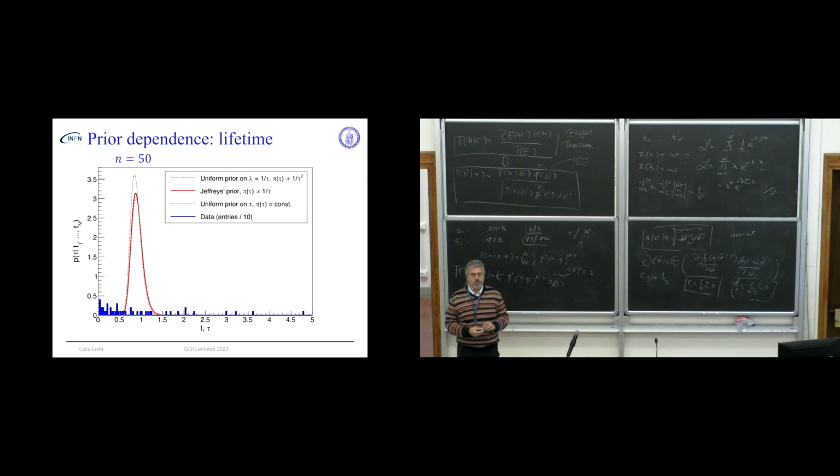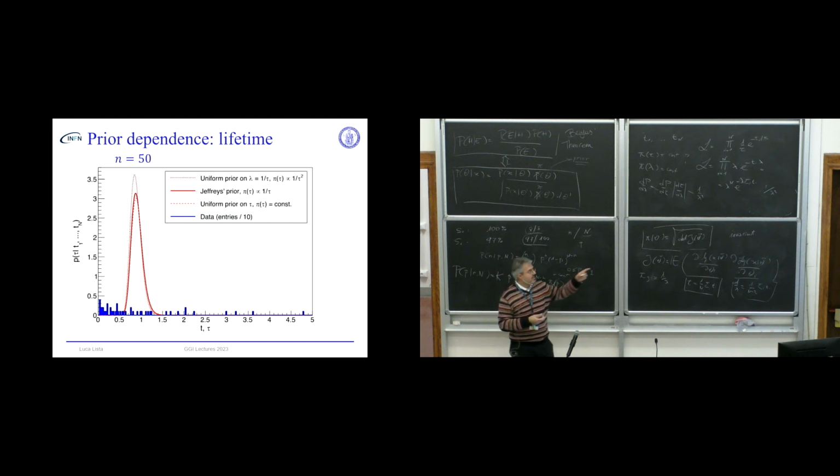There is no physical meaning related to the prior. This is just a model of how your initial ignorance about this parameter can be described mathematically. So if I say, for me, initially, any possible value has the same probability, I set the prior to a constant. But then, which is the parameter which I should consider uniformly distributed?